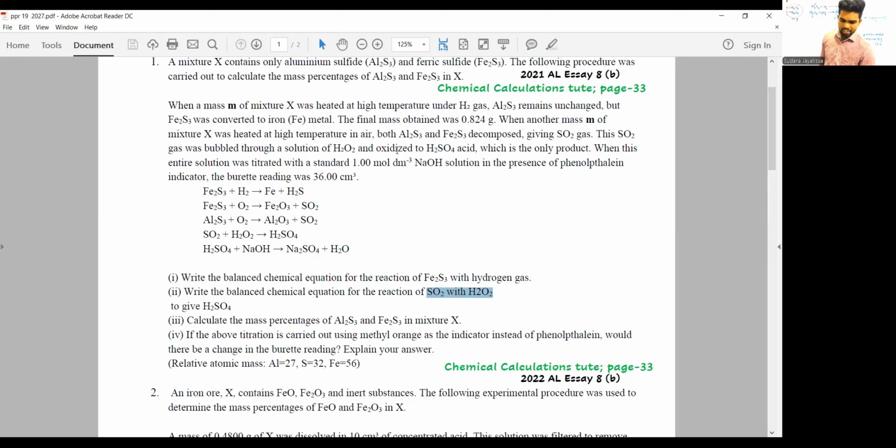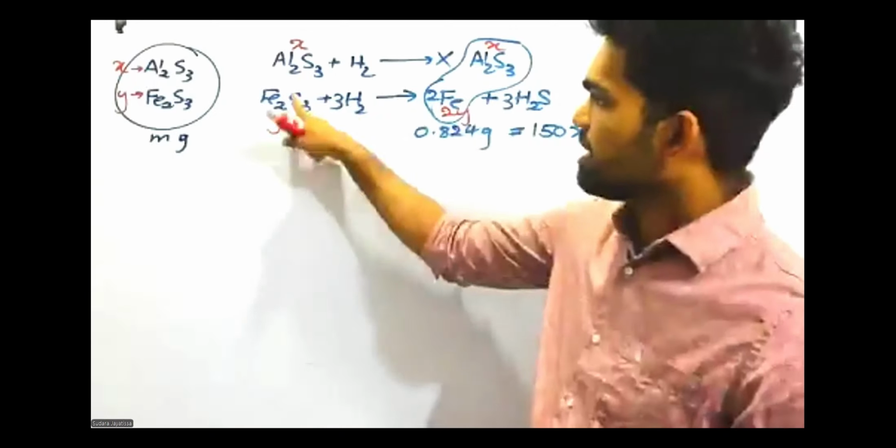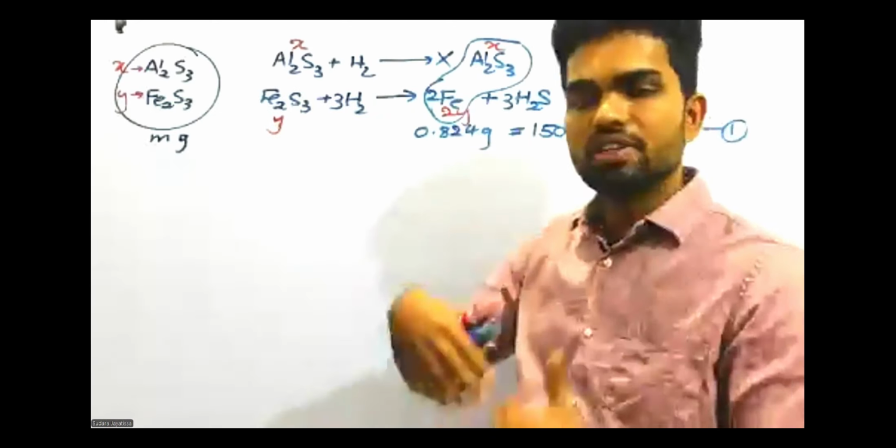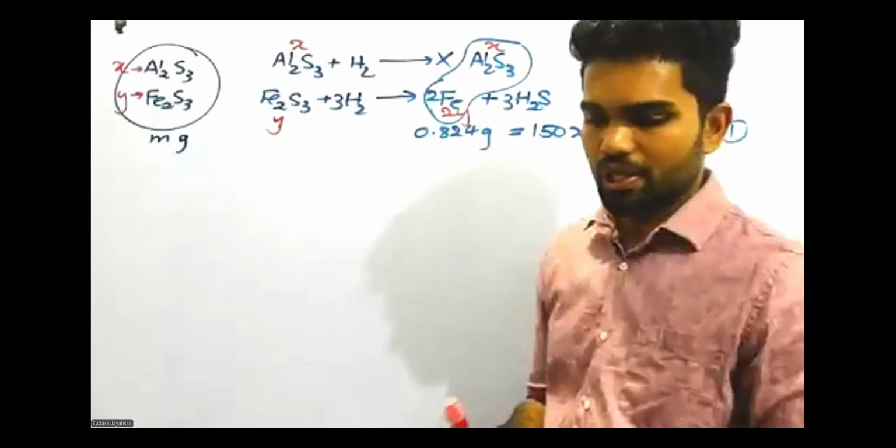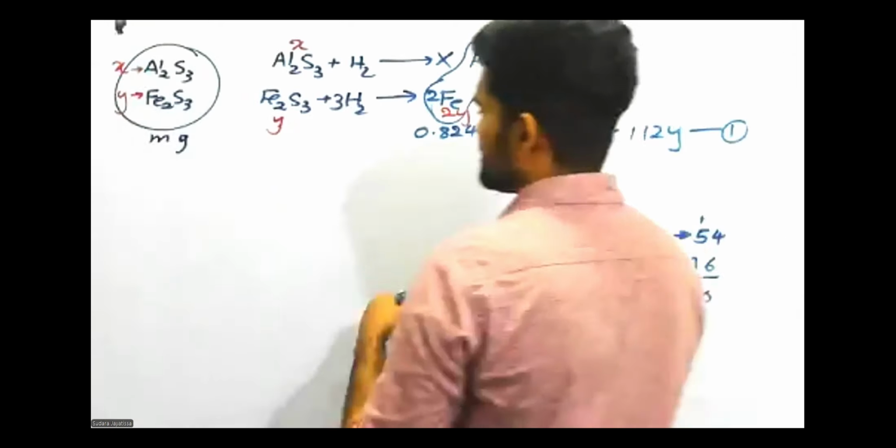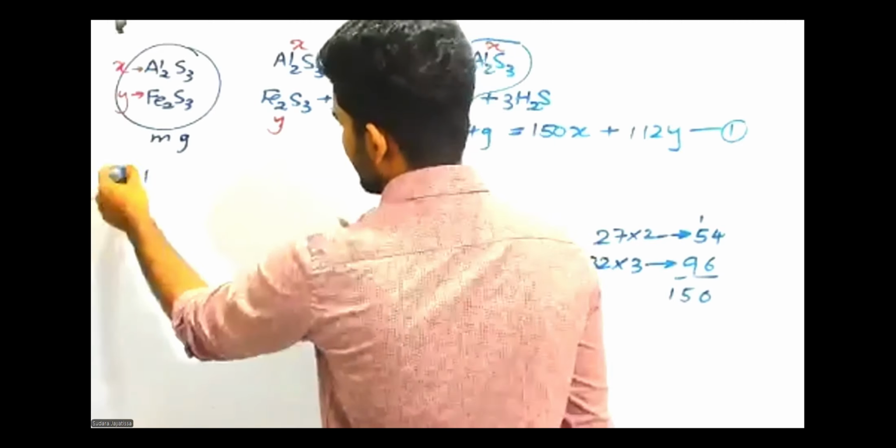So they are not expecting you to write the reaction of aluminium sulfide and ferric sulfide with oxygen. However, you need to understand that all the sulfur atoms here are converting to SO2. So you write that again.